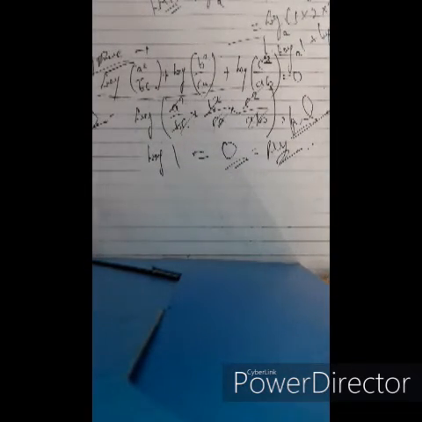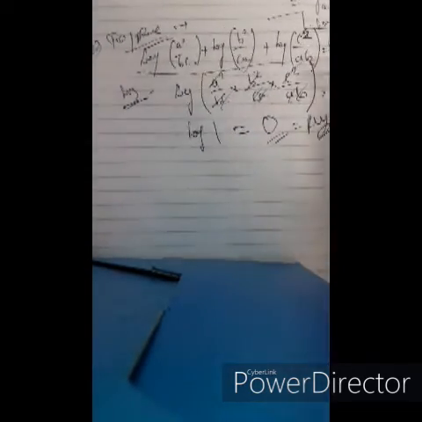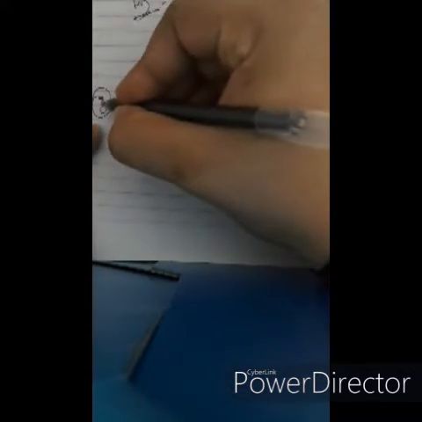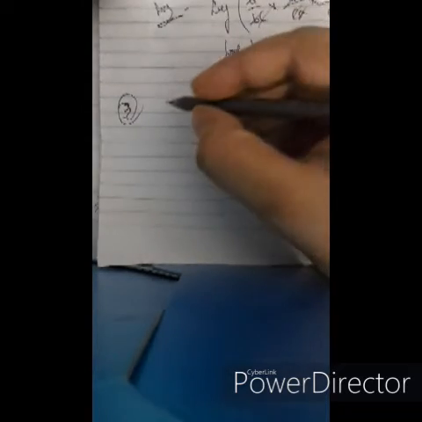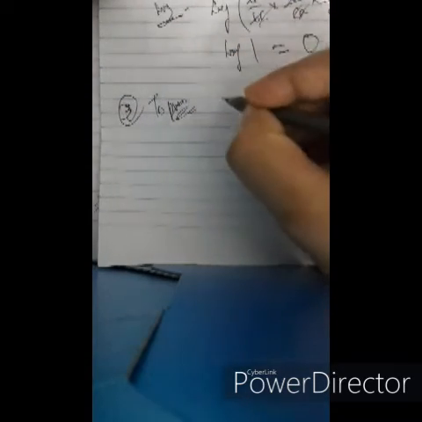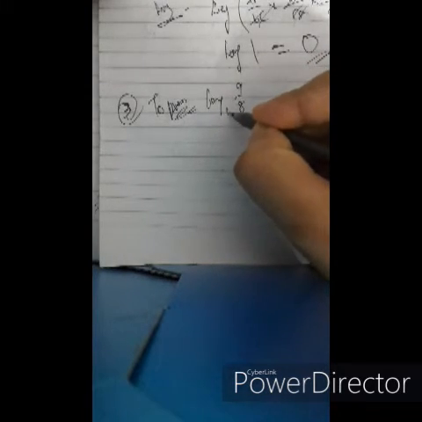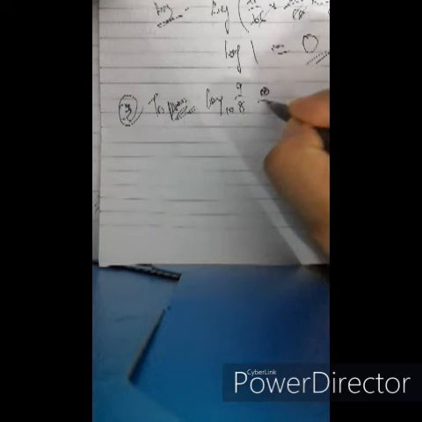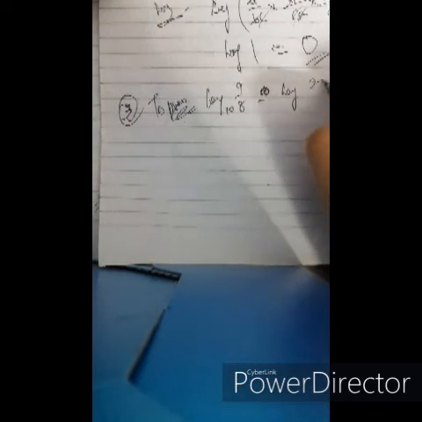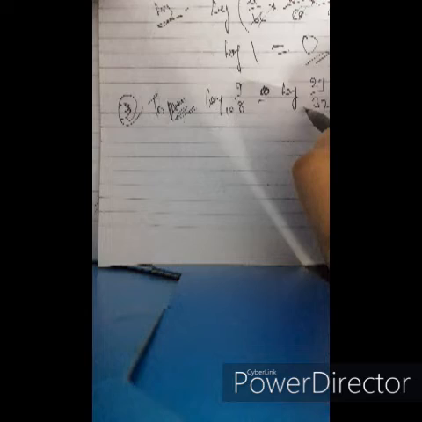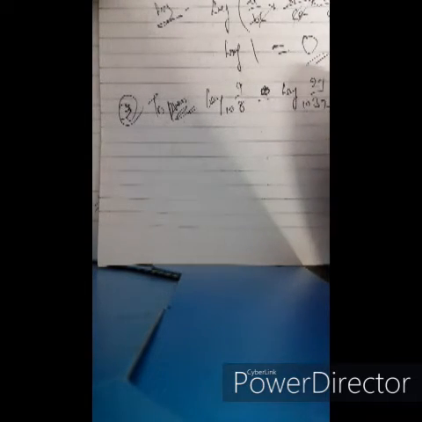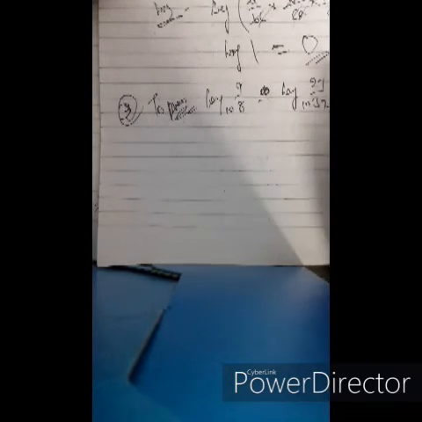Now let's look at another problem. Third problem, we have to prove again log of 9 by 8 to the base 10 minus log of 27 by 32 to the base 10 plus log of 3 by 4 to the base 10 equals 0.